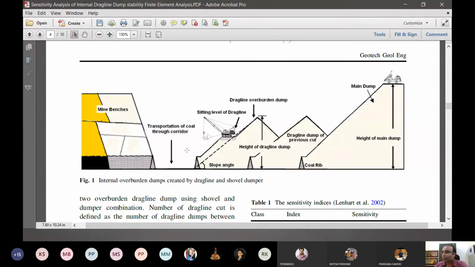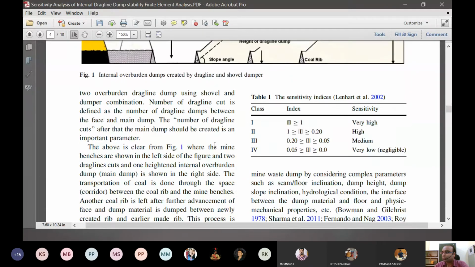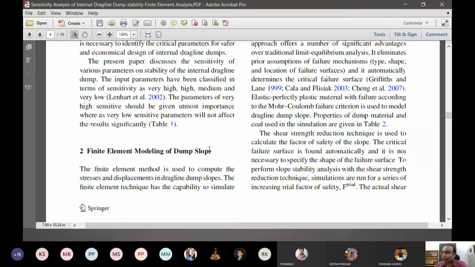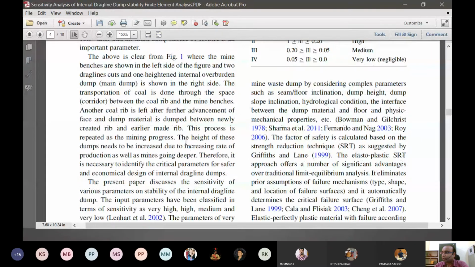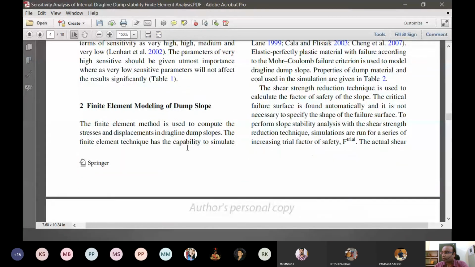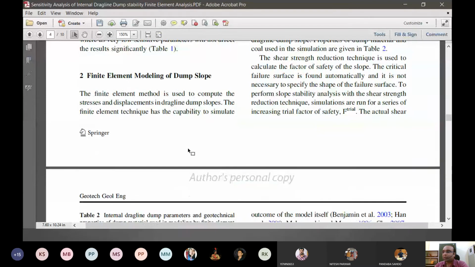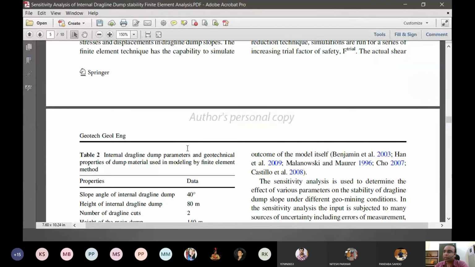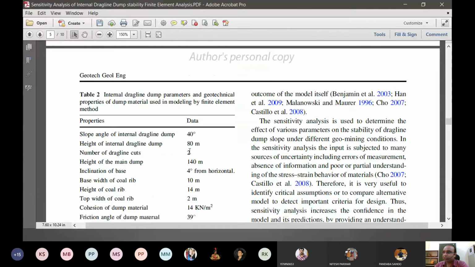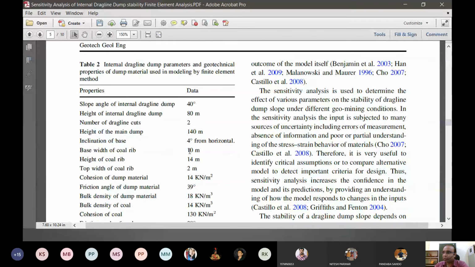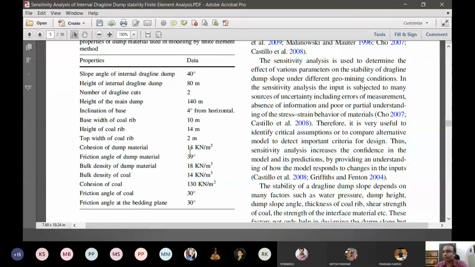So what is the angle of the seam and so on. What we did was we basically used the finite element method. Right now we are using the limit equilibrium method to demonstrate that. We used the finite element method, and these were all the parameters that we saw, to see how things are changing.